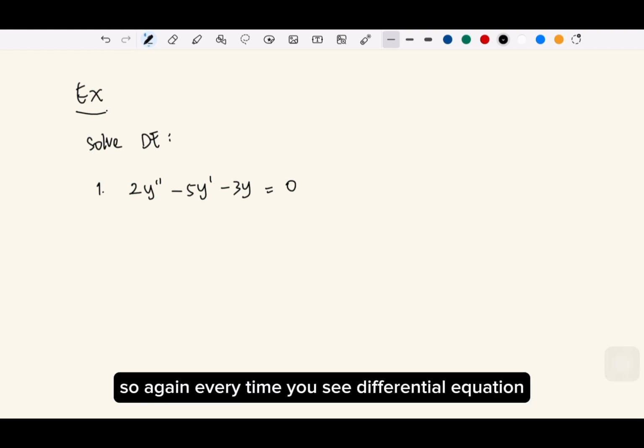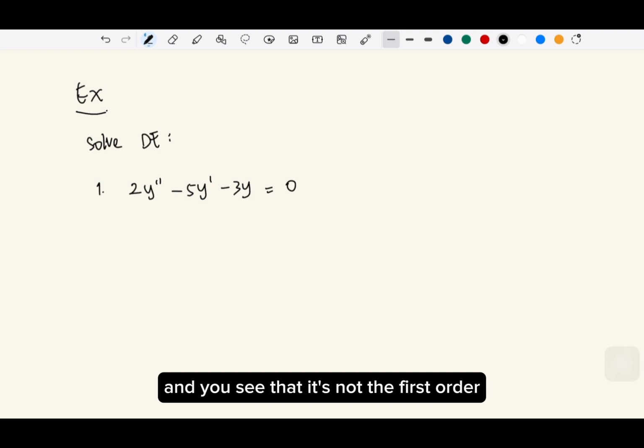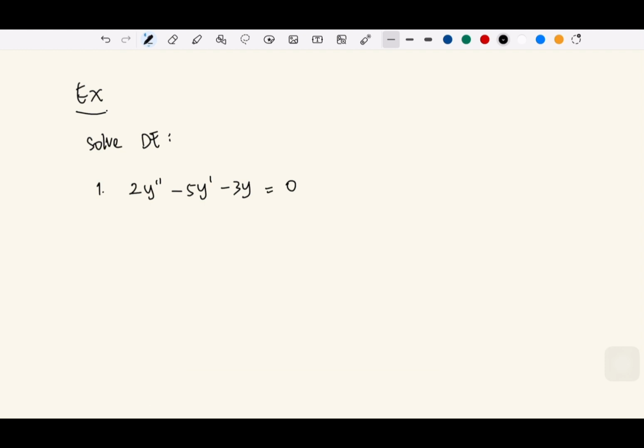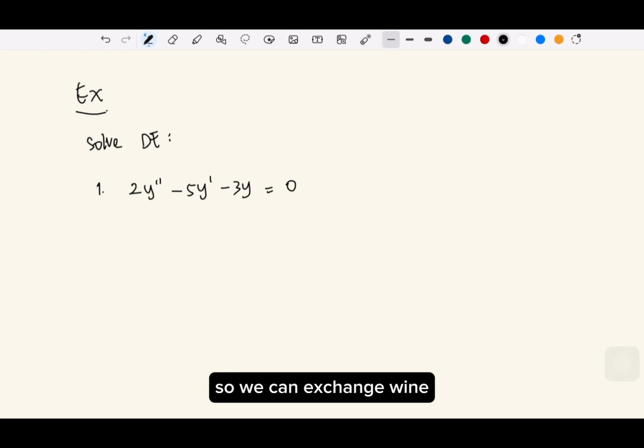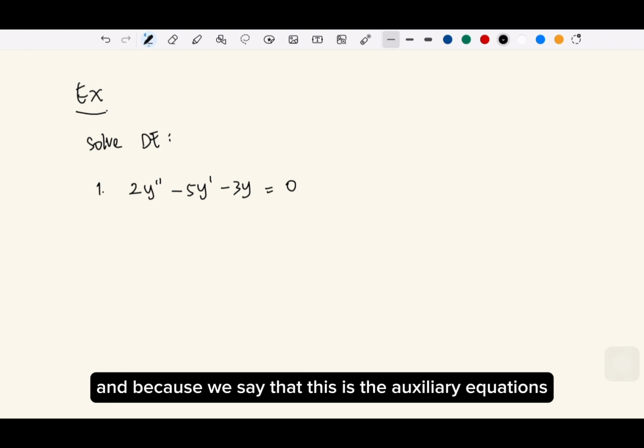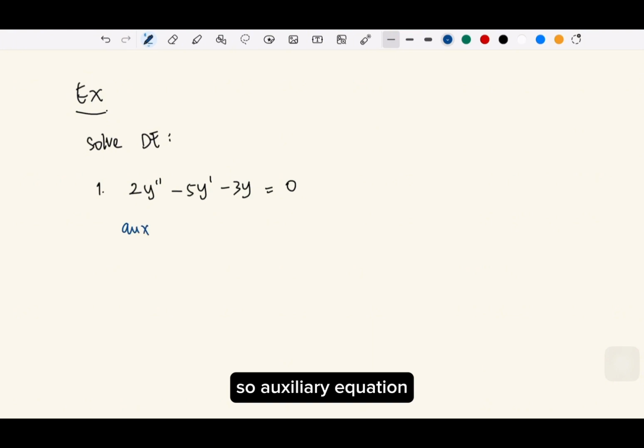So again, every time you see a differential equation that is not first order but second order and equal to 0, we say, okay, it's homogeneous. So we can exchange all y with some expression m, or any variable you want, and we say that this is the auxiliary equation.